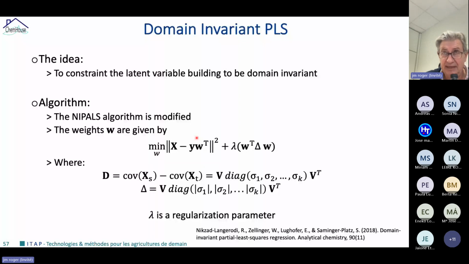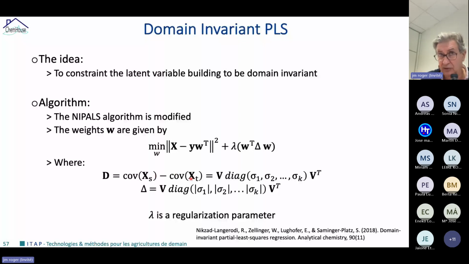And the DIPLS modifies the determination of W by adding a penalization term with a lambda, regarding this inner product. This inner product is the projection of W on the difference between the two covariances of XS and XT.